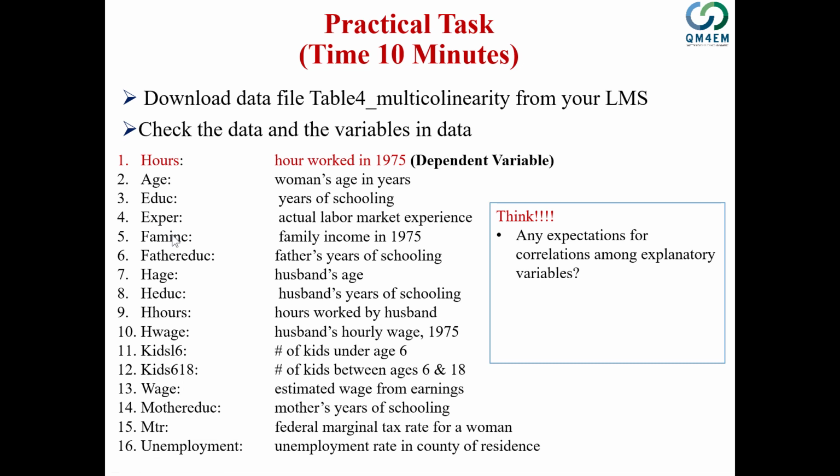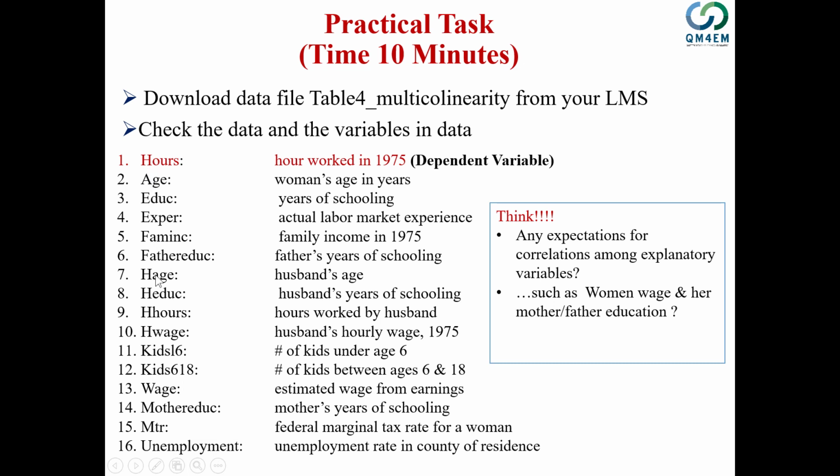Since it's one way of teaching, I can't ask you here, so it's better I raise these questions myself and then answer them myself as well. So for example, we can think of woman wage and her mother's and father's education. Think of it, for example, woman wage. Where is woman wage?